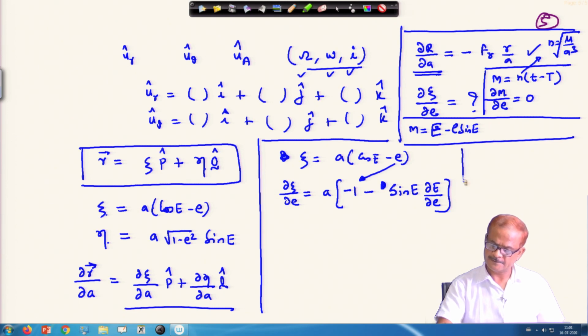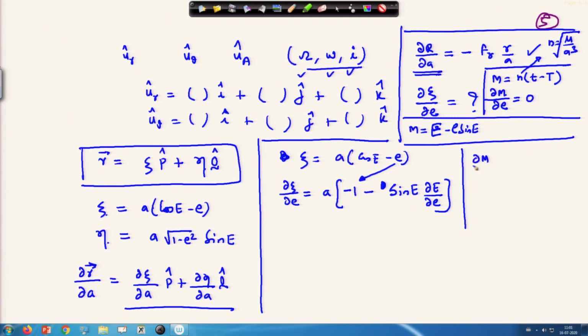So ∂M/∂e equals 0, equal to 1 minus, and we are differentiating with respect to small e, so this will be ∂E/∂e, minus sin E and minus e cos E times ∂E/∂e.